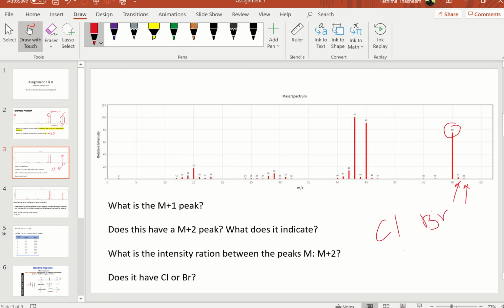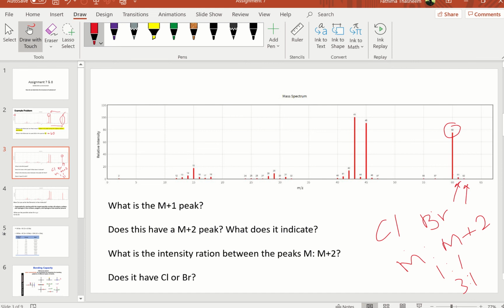Next, if you suspect this tiny peak at 62 is M plus 2, you have to look at the ratio of the peak heights between M and M plus 2. That means the height of the peak at 60 and the height of the peak at 62. Is it 1 to 1, where the heights are similar, or is it at least 3 to 1?